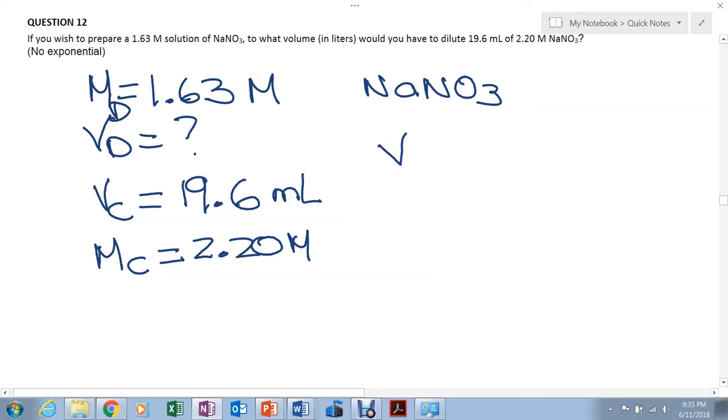This is easy. It's the volume of the dilute times the molarity of the dilute equals the volume of the concentrate multiplied by the molarity of the concentrate.